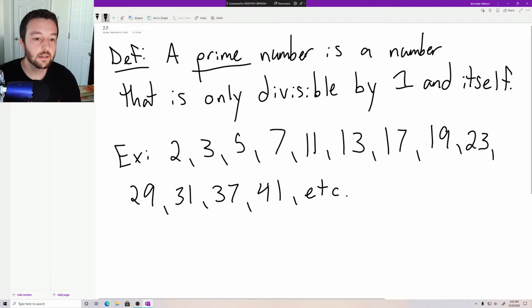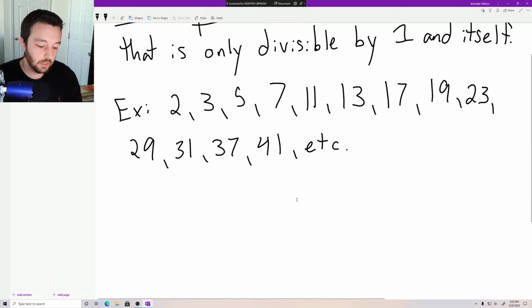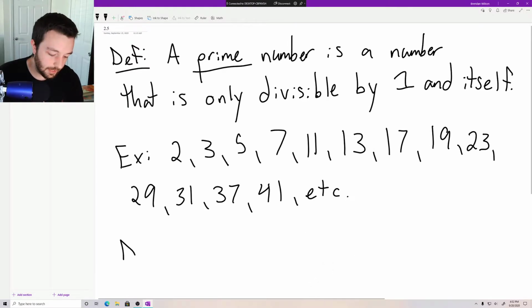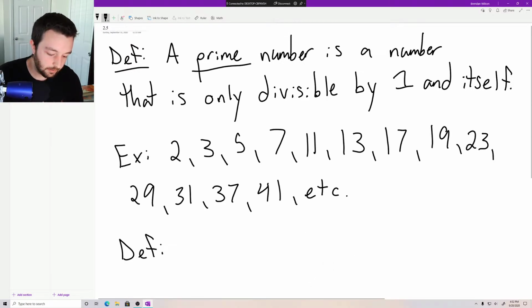Okay. So what do we call numbers that aren't prime? Obviously, as you can see, there's a lot of numbers here that aren't prime. Well, a number that's not prime is called a composite number.